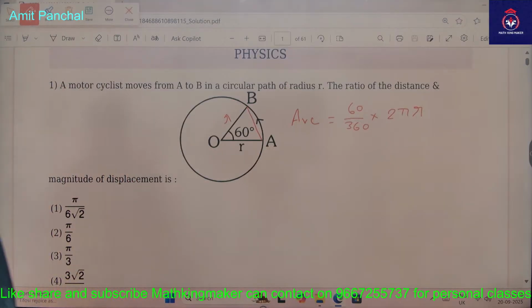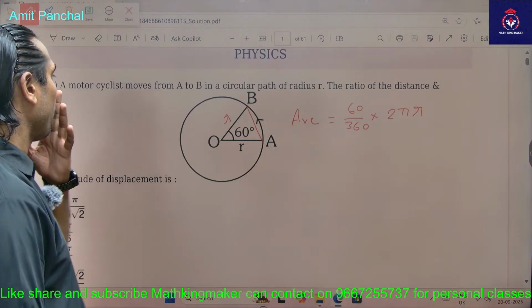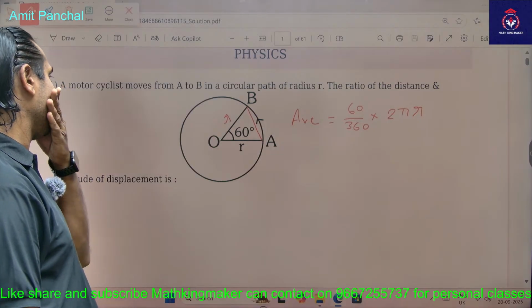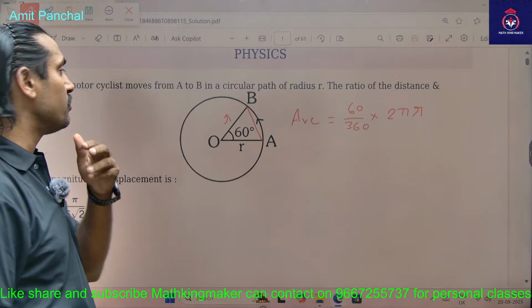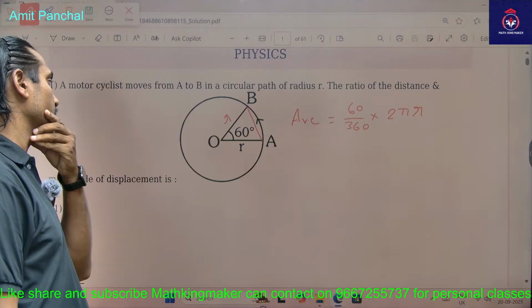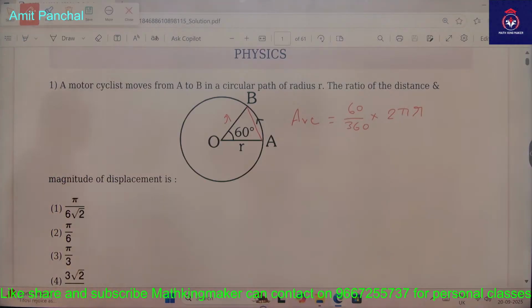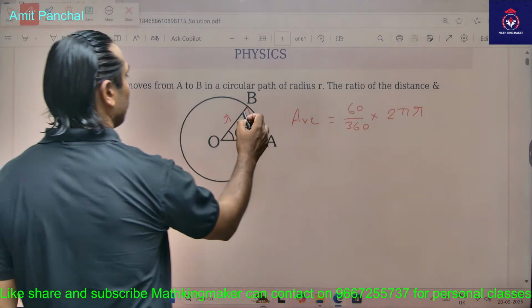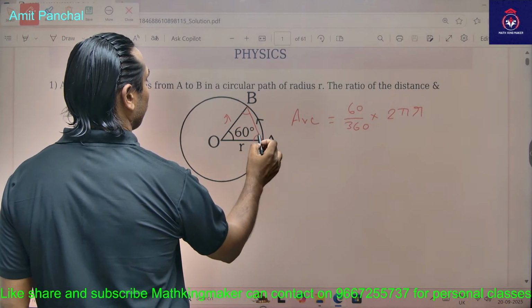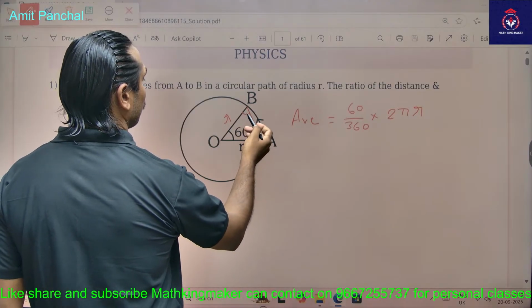We can use sine or cosine in this, right? Because we can find the angles OBA and OAB as well. How do you find OBA? Since OB and OA are both radii, this is an isosceles triangle, so these two angles will be the same. So we can use the sine rule as well.